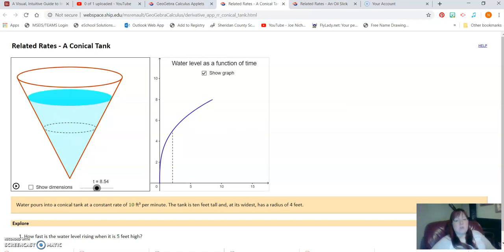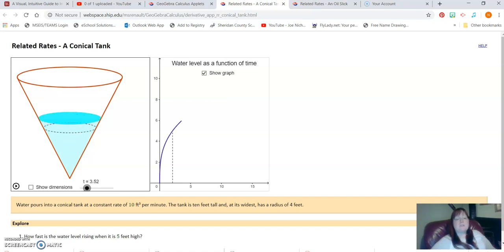This function right here is giving us a representation of the water level. When time is very small, the water level is rising really quickly because the cone doesn't have a very big radius.